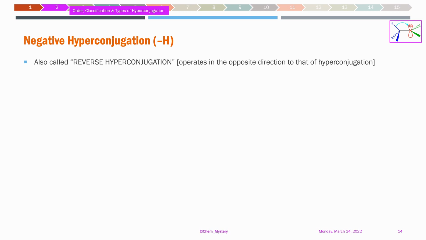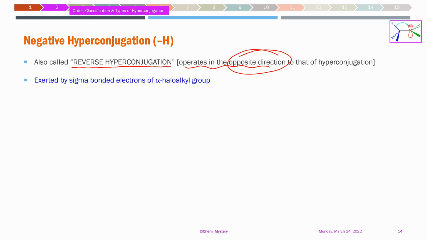Just like in the normal hyperconjugation, where the alpha CH hydrogen bond was involved, here we can say the alpha carbon halogen bond can be involved in that same kind of interaction, same kind of delocalization, and that can be near some alpha carbon hydrogen bonds present. It can be near some pi bonding molecular orbital, or it can even be near something where a non-bonding electron pair is present. That can also be with some of the non-bonding electrons, a lone pair, we could have said basically.